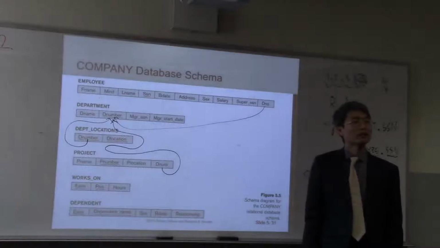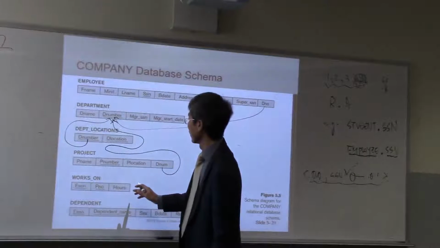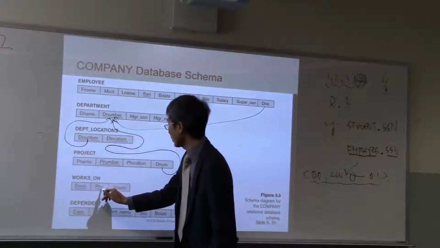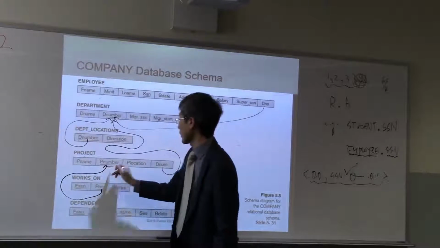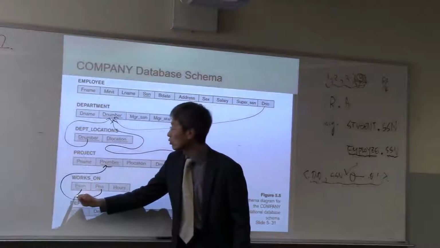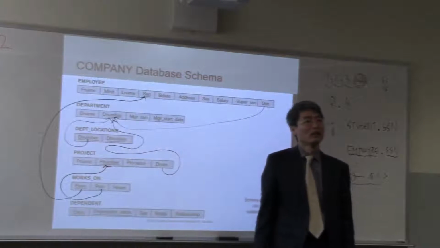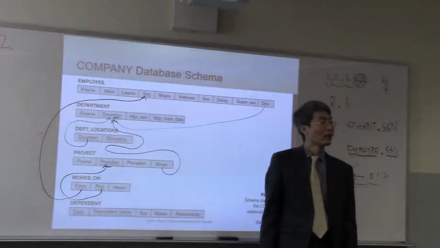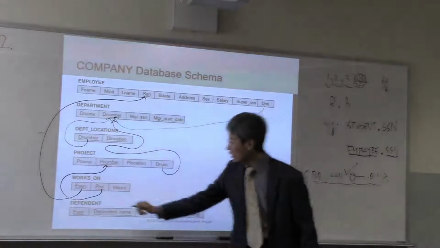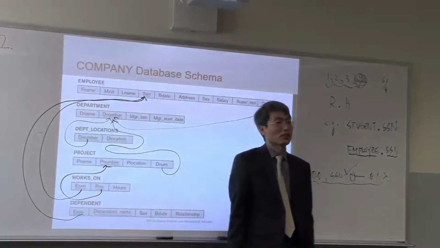Any other? P number in works on. P number is a P number, yes. And ESSN should be in the SSN, right? This ESSN should exist in the SSN.